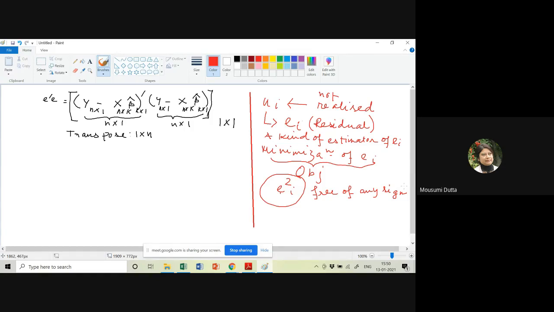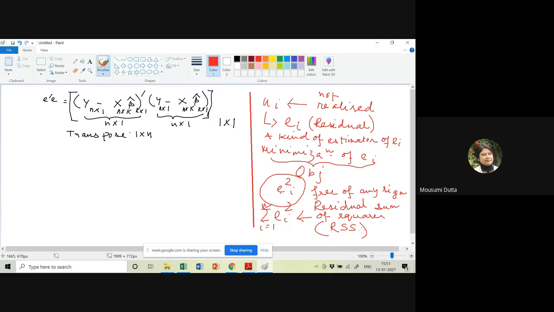Therefore, we consider the summation of EI square. In due course, while we try to find the estimated values of the regression parameters, we will minimize this summation EI square, which is called residual sum of squares.